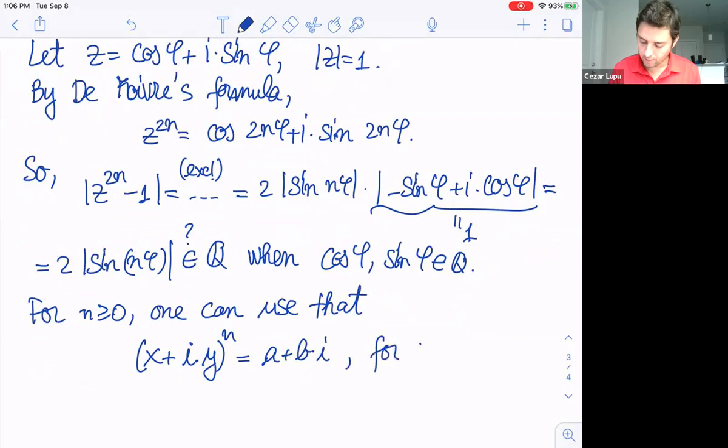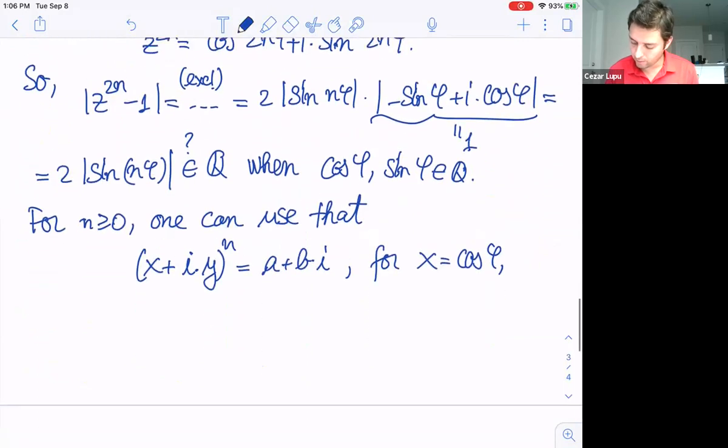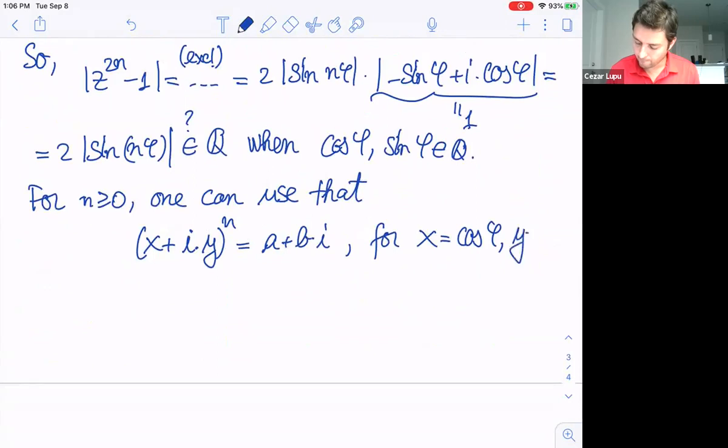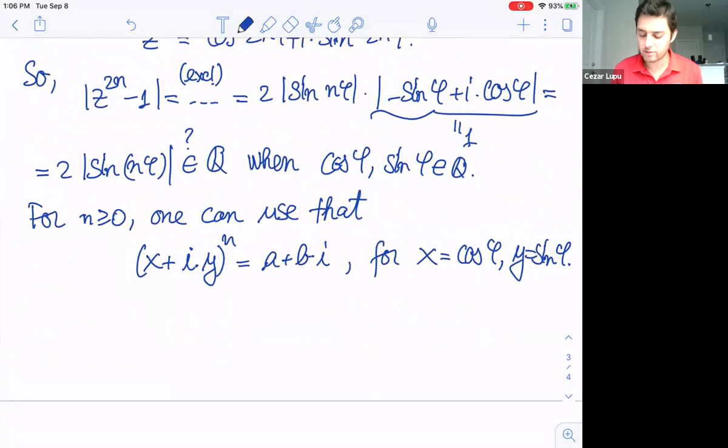For, let's say, x equals cosine of phi and y is sine of phi, right? So you can do this by just a mathematical induction, right?